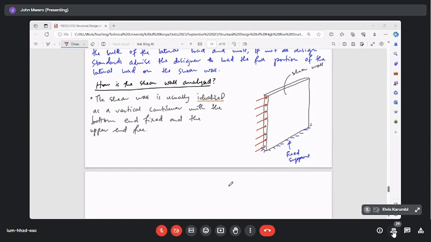So that's how we would put in the loading. So every floor goes into a part of this thing.